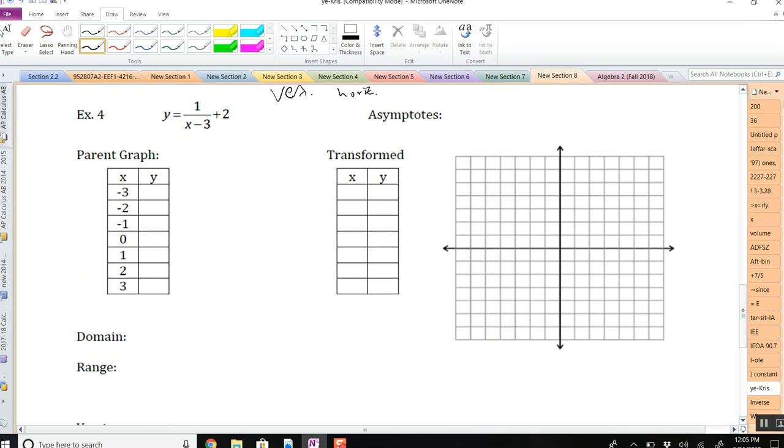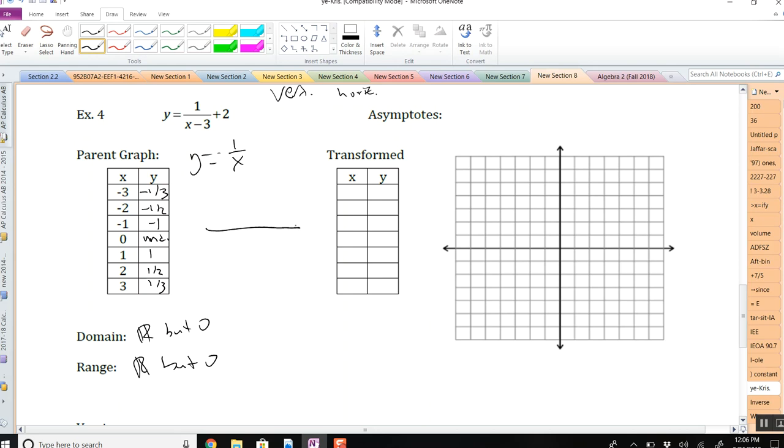So in this case, the parent function y equals 1 over x, undefined right there. And obviously, if I plug in -3, I get -1/3, -1/2, -1, 1, 1/2, 1/3. Domain we already talked about, all real but 0.